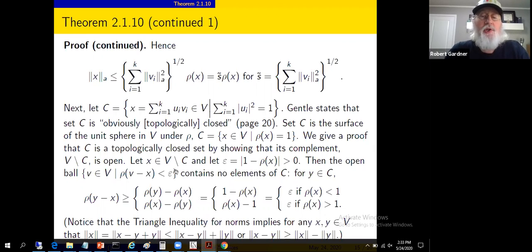So indeed, V minus C is open, so its complement, C itself, is closed. Just an epsilon argument ultimately showing closure. A common way to show closure is by showing complements are open. So the set C is a closed set.